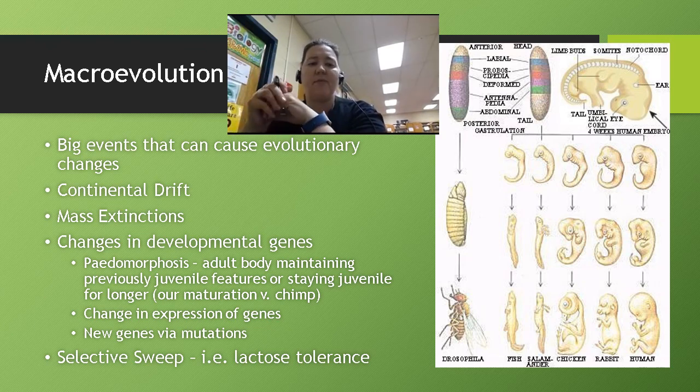Then there's paedomorphosis, which is where an adult body is maintaining what are known as previously juvenile features or staying juvenile for longer. So we've seen this in our own selves in relationship to a chimp. We look a lot more like baby chimps than adult chimps, and so we stay younger for a longer period of time, and that has to do with the fact that that allows our brains to actually develop more.